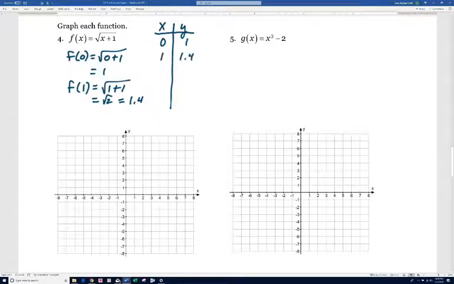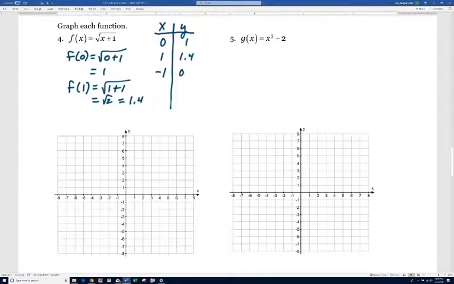Now, I really don't particularly care to get these decimal values if I can avoid it. In fact, what kinds of numbers do we like to take the square root of? That would be perfect squares. So notice if I put in negative 1, the square root of negative 1 plus 1, that's the square root of 0. Well, what number squared gives you 0?